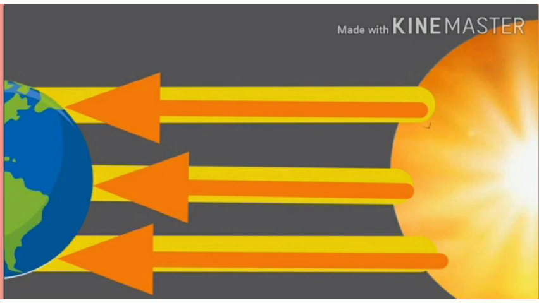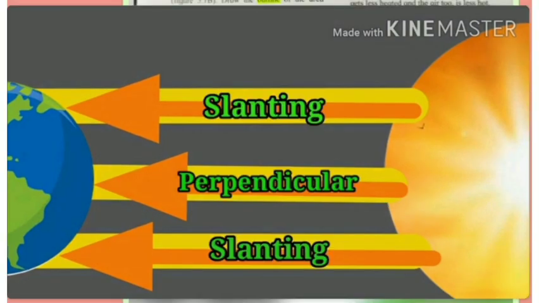In some parts they are perpendicular, whereas in other parts they are slanting. Can you observe that? Let's see the figure more nicely. With this, we understand that due to the spherical shape of the earth and the resultant curvature of the surface, the sun rays occupy larger or lesser areas on the earth. This leads to unequal distribution of heat received from the sun.